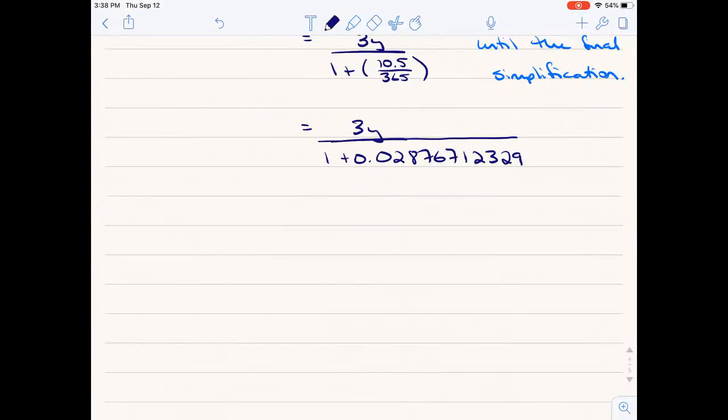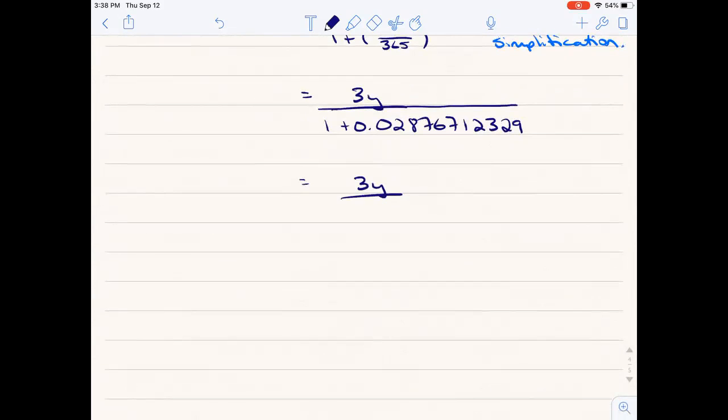So now I have 3y over 1.02876712329. And I showed you how to store these big numbers in your calculator last day, so that's really handy.